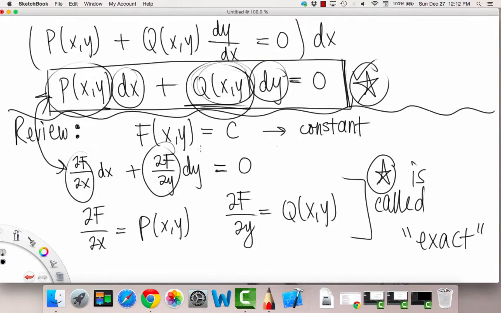That's when each of those multivariable functions, the P of x,y and the Q of x,y, are the respective partial derivatives of our original function f.